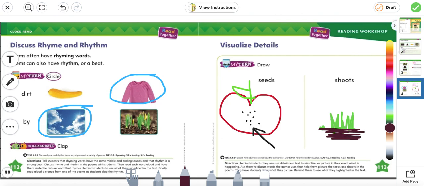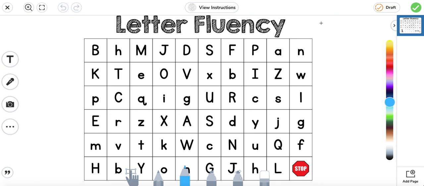Okay, next we're going to go ahead and move on to letter fluency. So as we read the letters, I will cross them out. Ready?